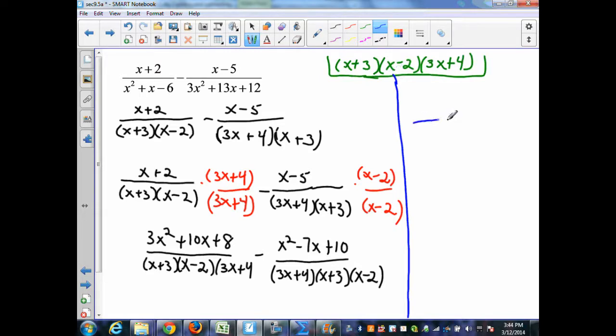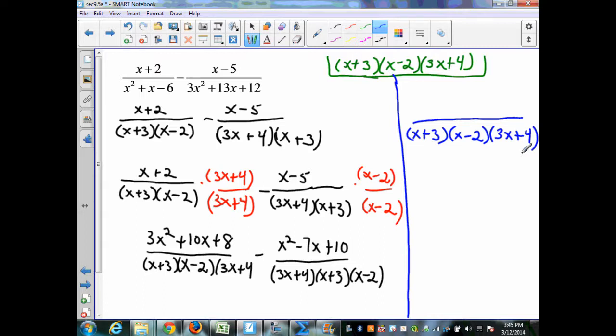So under a common denominator of (x plus 3)(x minus 2)(3x plus 4), in my numerator, I'm going to have 3x squared minus x squared, which is going to give me 2x squared. 10x plus 7x when I distribute, which is 17x. 8 minus 10 when I distribute, which will give me a negative 2.